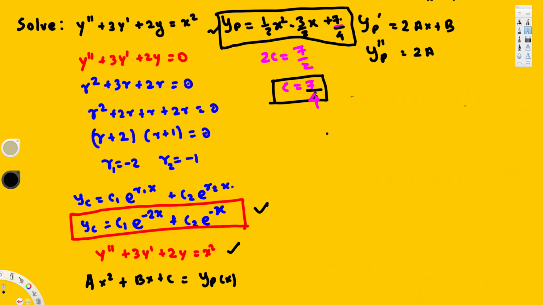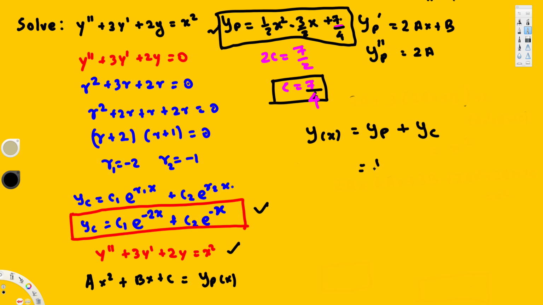So let's call the general solution of the non-homogeneous differential equation y of x. That's going to be equal to yp, the particular solution of the non-homogeneous differential equation, plus the general solution of the homogeneous differential equation we found before. Let's go ahead and plug in the values.